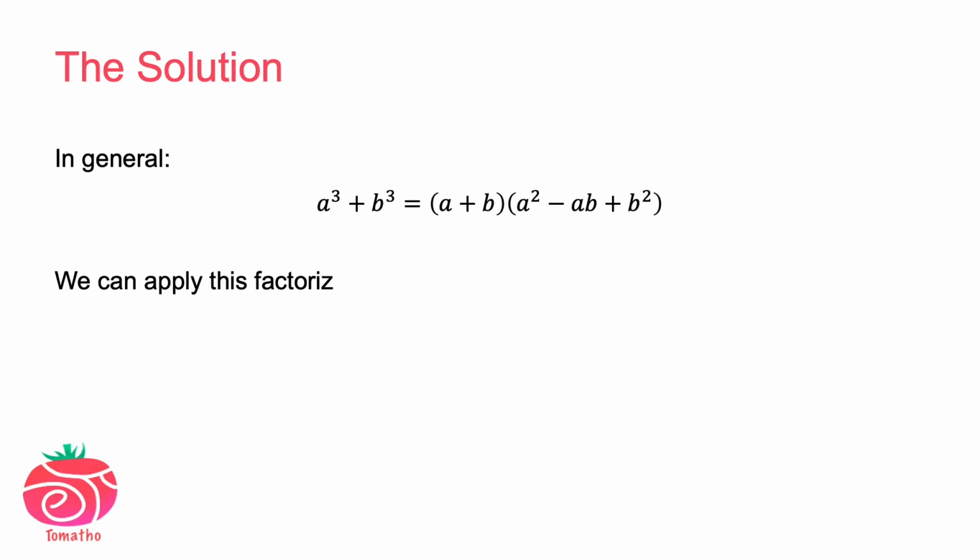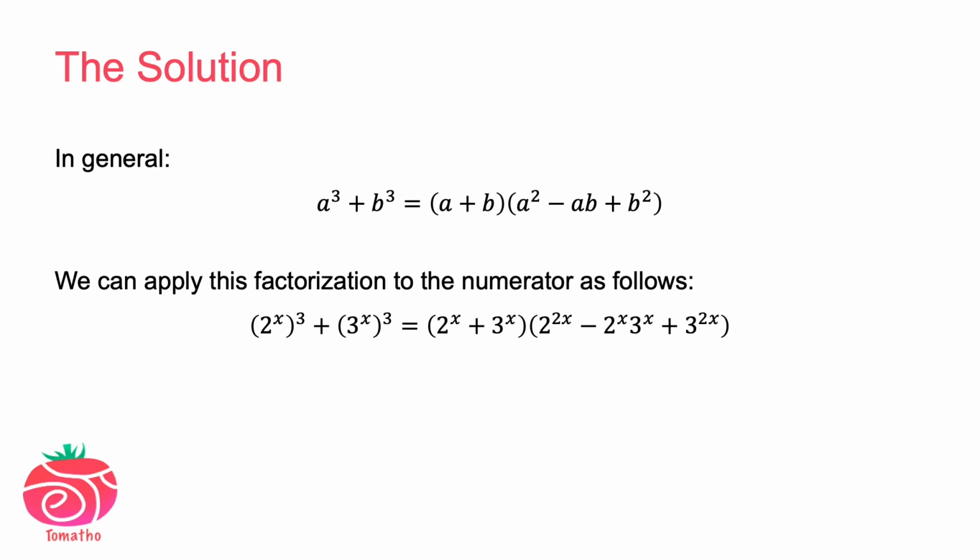Well, we can find it out by looking at how we can factorize the sum of cubes expression. In general, we can factorize the sum of cubes expression as follows. So, if we plug in a equals 2 to the power of x and b equals 3 to the power of x, we have as follows.